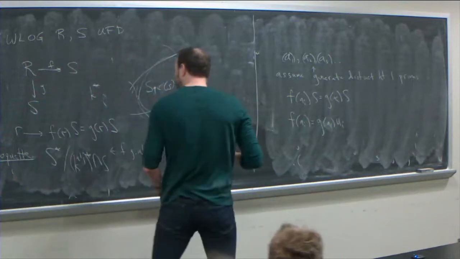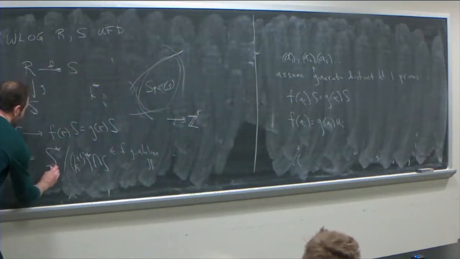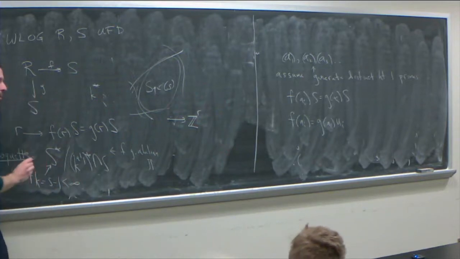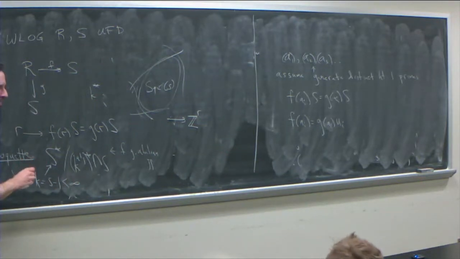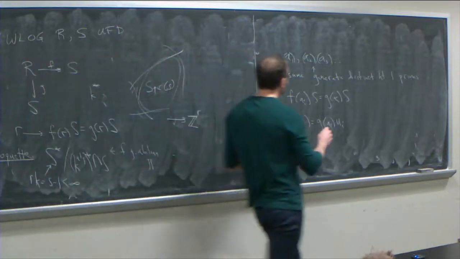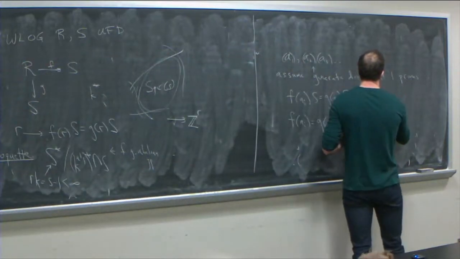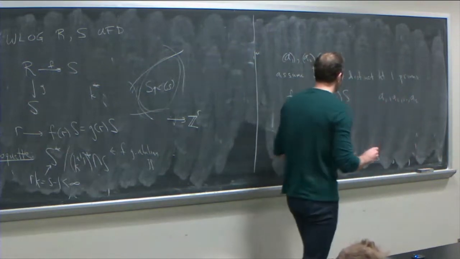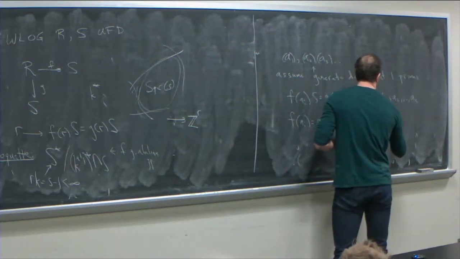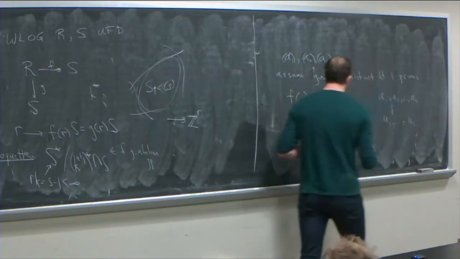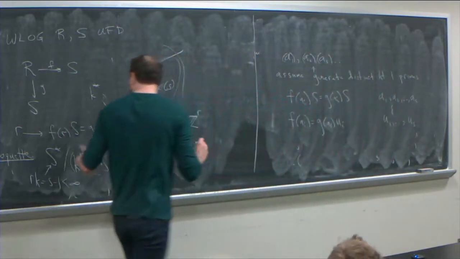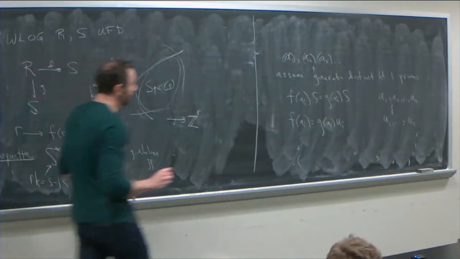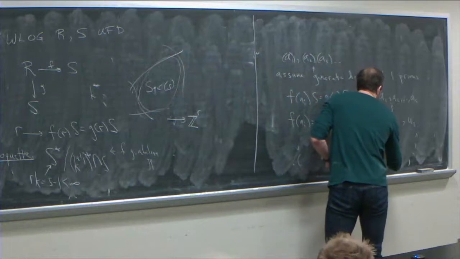Suppose the rank of this group is, let's say, s minus 1. So that means if I take s of these guys, I get corresponding u_1 through u_s. And because this group has rank less than s, there's going to be some non-trivial relation of this form.